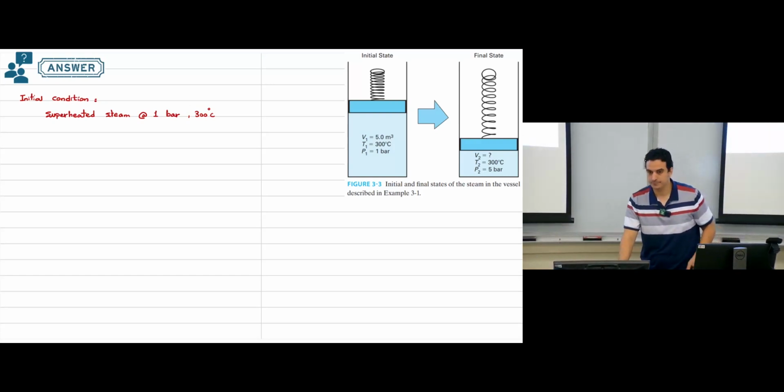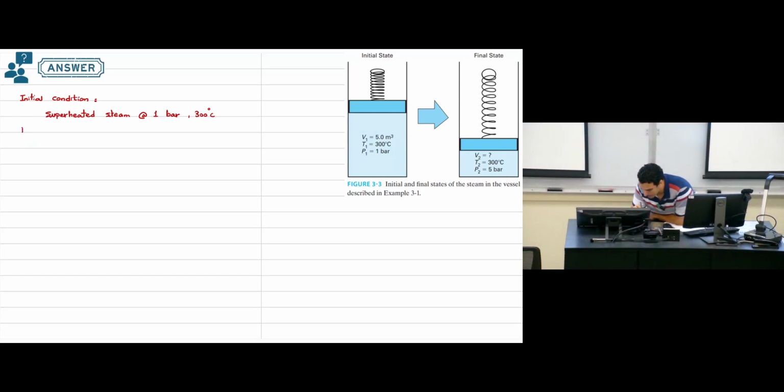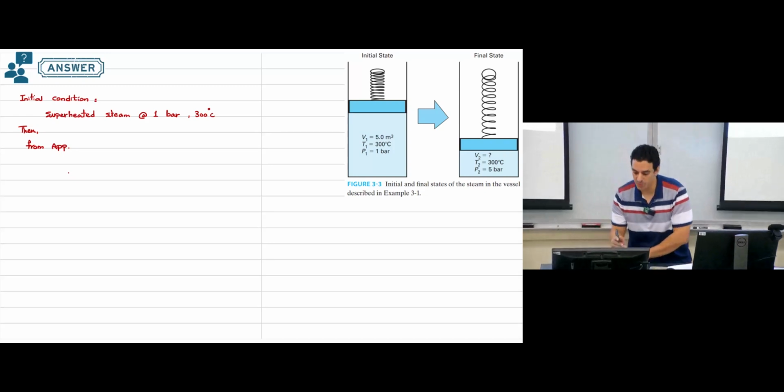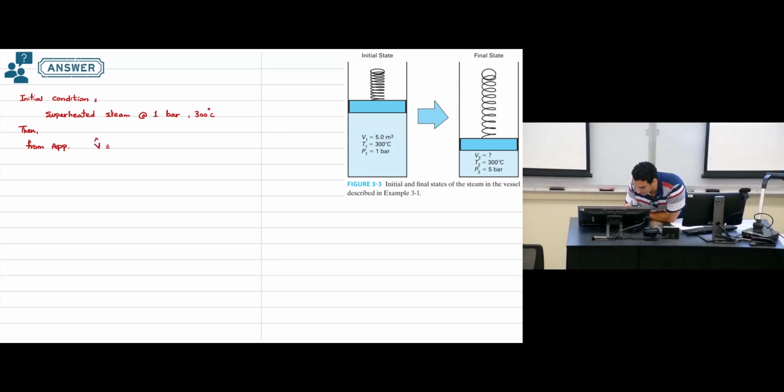Now if you go to the appendix, or the Excel file for the steam table, and put in the information, 1 bar and 300 degrees Celsius for superheated steam, you will find the specific volume of this one. It will be 2.639 meter cube per kilogram.